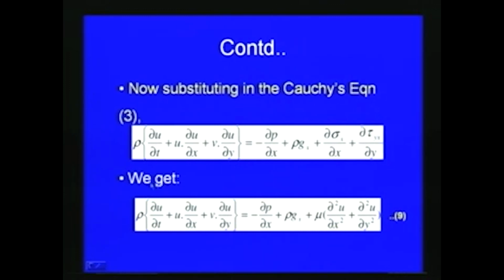So, finally, we get ρ(∂u/∂t plus u ∂u/∂x plus v ∂u/∂y) equals minus ∂p/∂x plus ρgx plus μ(∂²u/∂x² plus ∂²u/∂y²), equation number 9. This is the basic Navier-Stokes equation for 2 dimensional problems in the x direction.